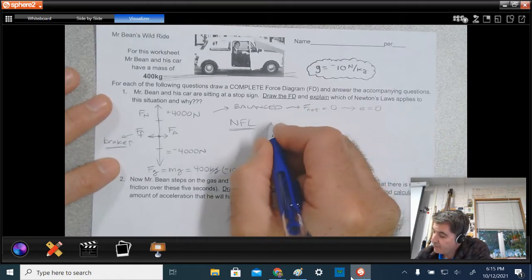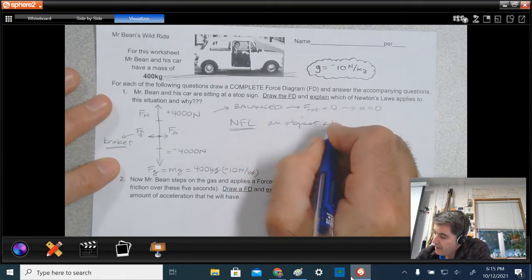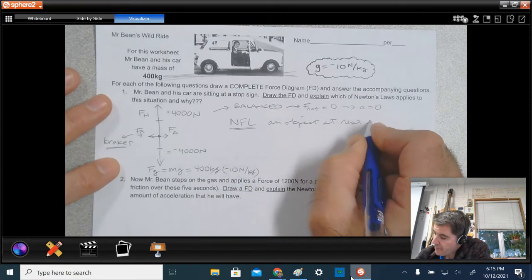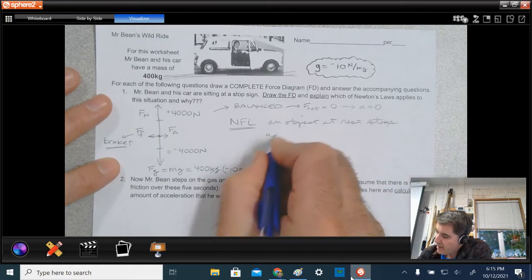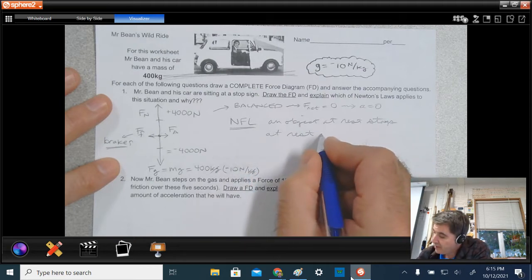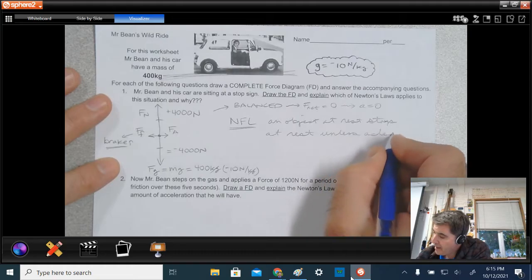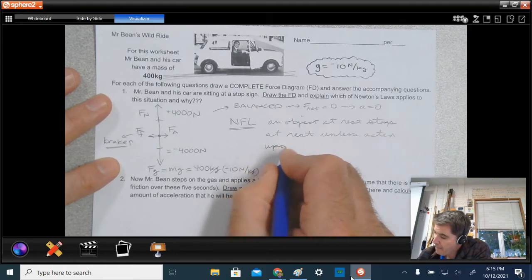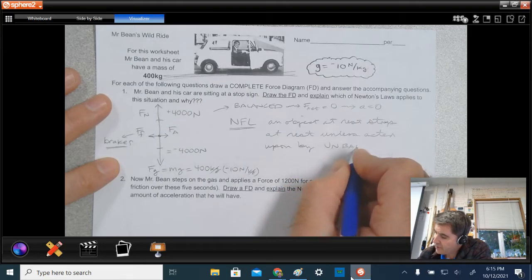And we have this idea: an object at rest stays at rest unless acted upon by unbalanced forces.